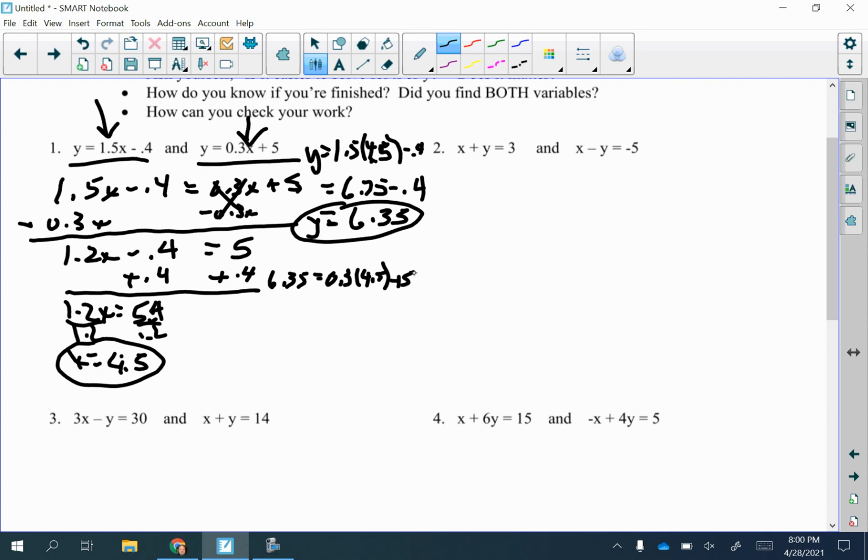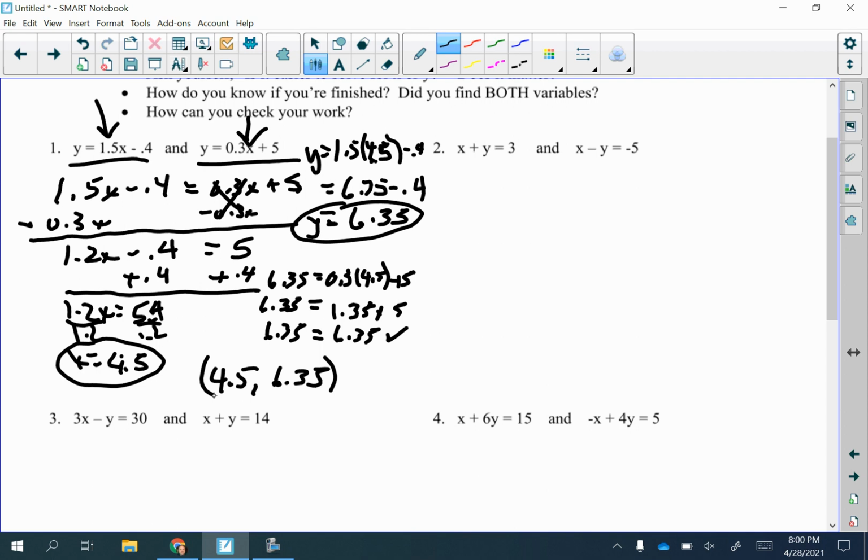Okay, well, 0.3 times 4.5 is 1.35. And when you add 1.35 plus 5, you get 6.35. So you see it checks. So our answer is the coordinate 4.5, 6.35. And that is the intersection of those two lines.